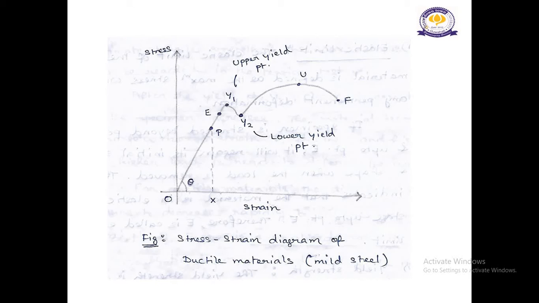As the test progresses, the cross-sectional area at the neck decreases rapidly and fracture takes place at the narrowest cross-section of the neck. This fracture is shown by the point F on the diagram. The stress at the time of fracture is called breaking strength.